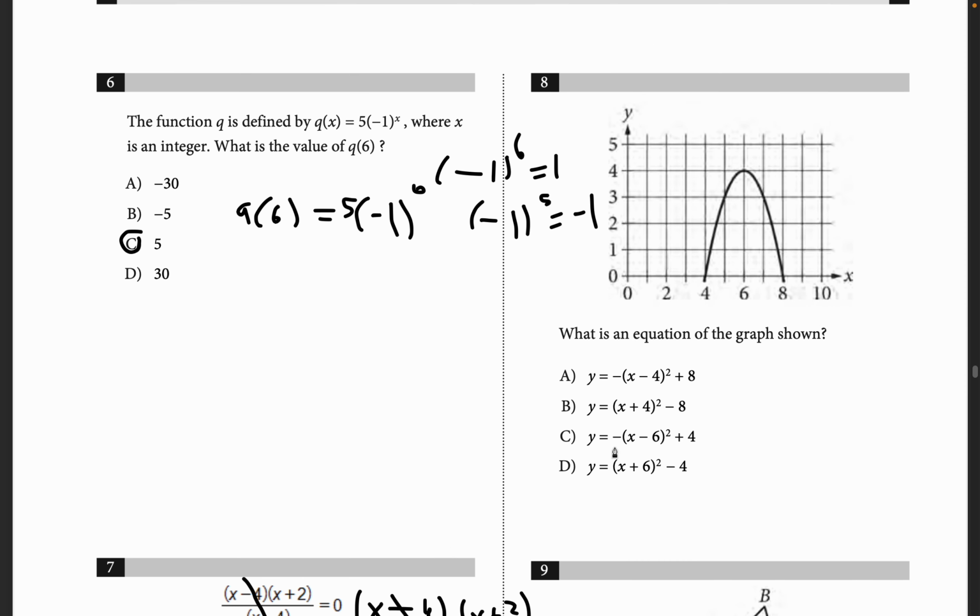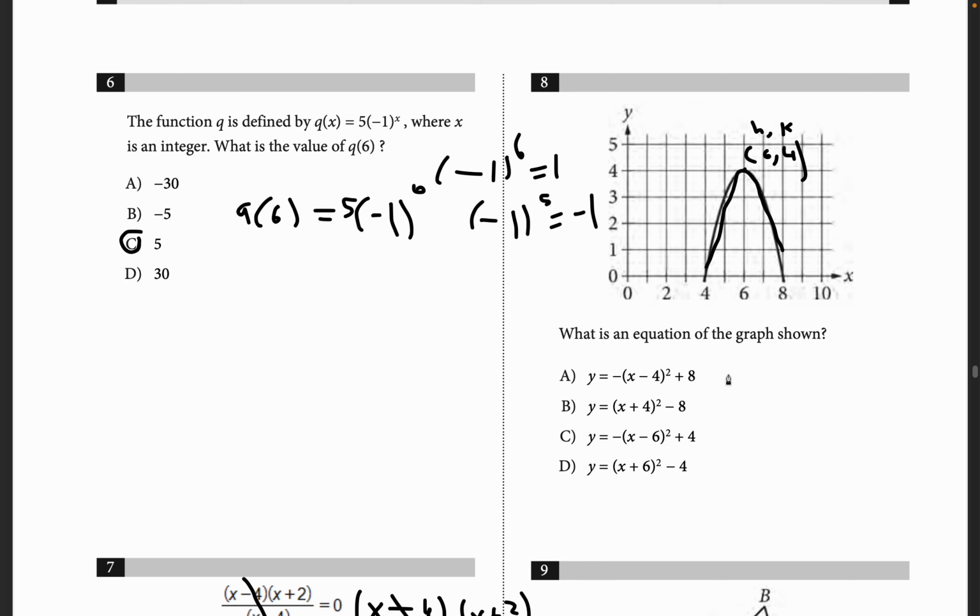8. Which equation of the graph is? Okay, so all these equations should make you think it's in vertex form, which it is. So let's find the vertex. The vertex is 6, 4. And this is h, k. Right? And the h is supposed to be inside, the k is supposed to be outside. And then the slope, the a value is negative.